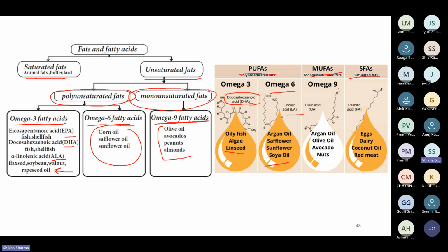Omega-9 is popularly known as oleic acid, which can also be in nuts, avocados, etc. Saturated fats like palmitic acid can be in egg, dairy products, coconut oil, red meat, etc.